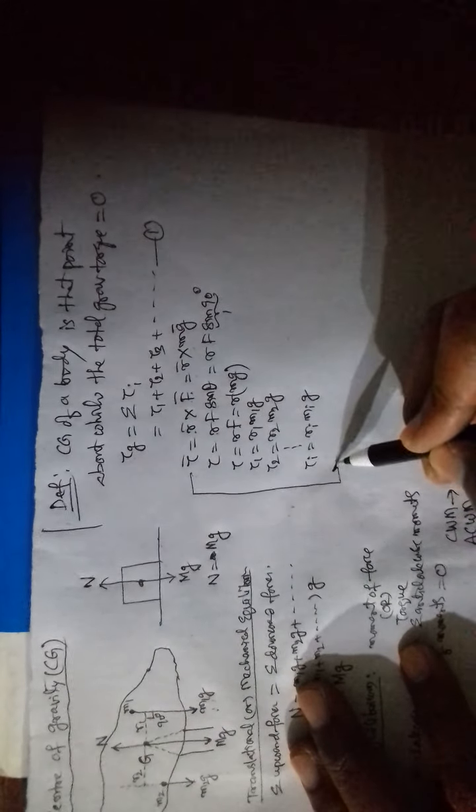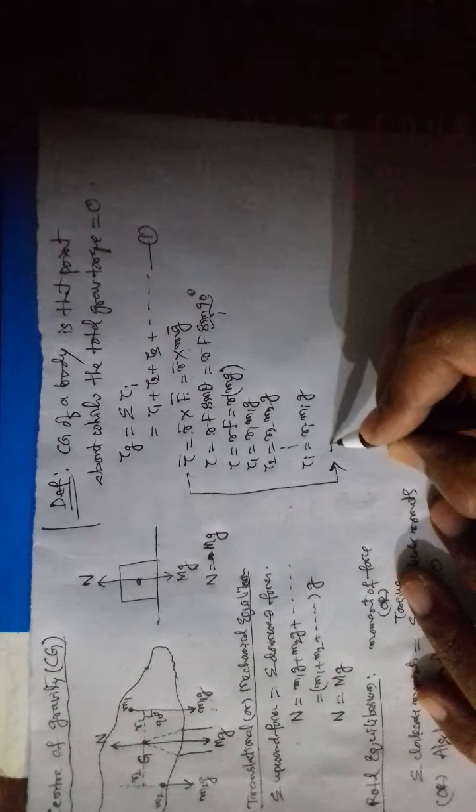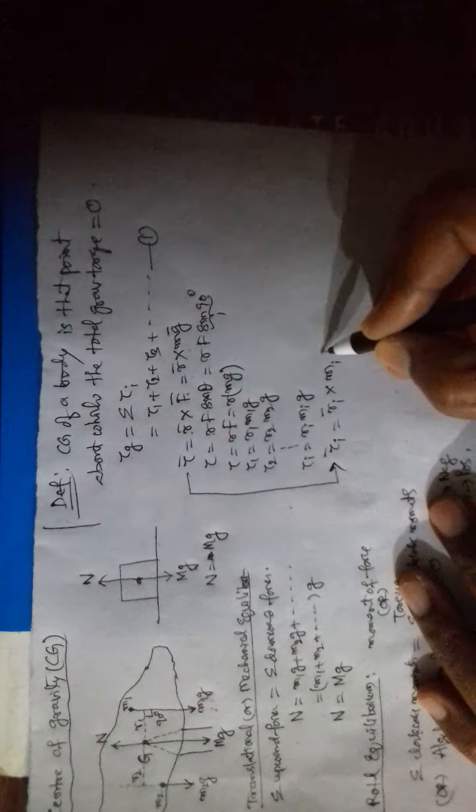Or in vector notation, tau i is equal to ri cross mi g.